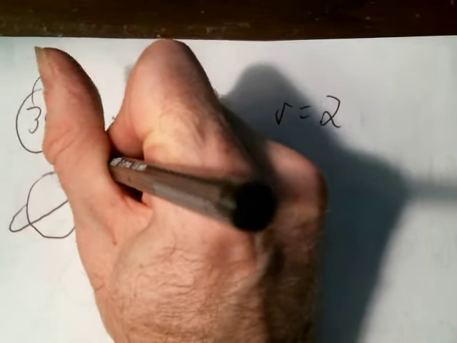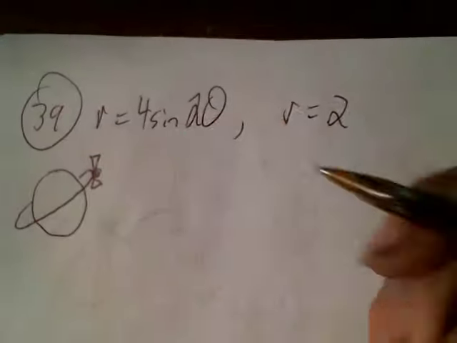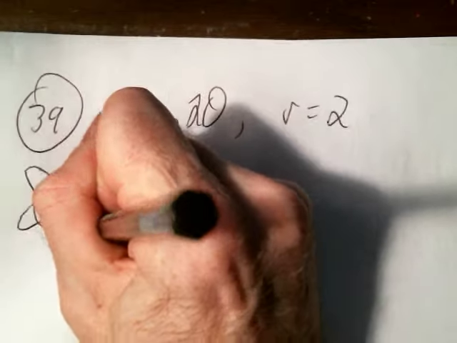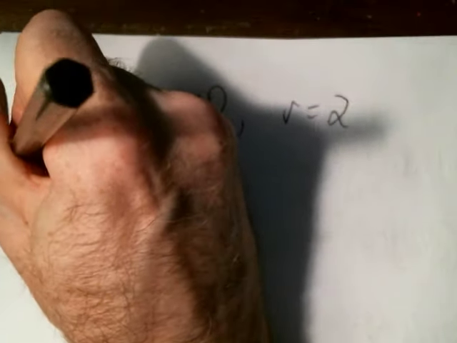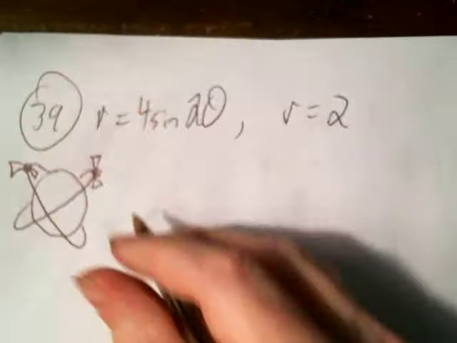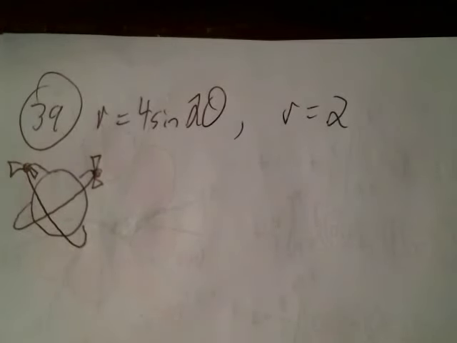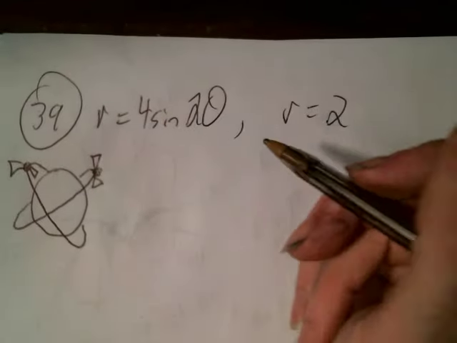So maybe here's one satellite, and then you have another satellite, maybe it's going like this, and the actual paths of the satellites will intersect each other, but the actual satellites never hit each other. Okay, that's kind of the issue that's going on here. So when you solve for the intersection points, you may have a little bit more work to do. And again, I would advise just drawing the things and figuring it out from there.